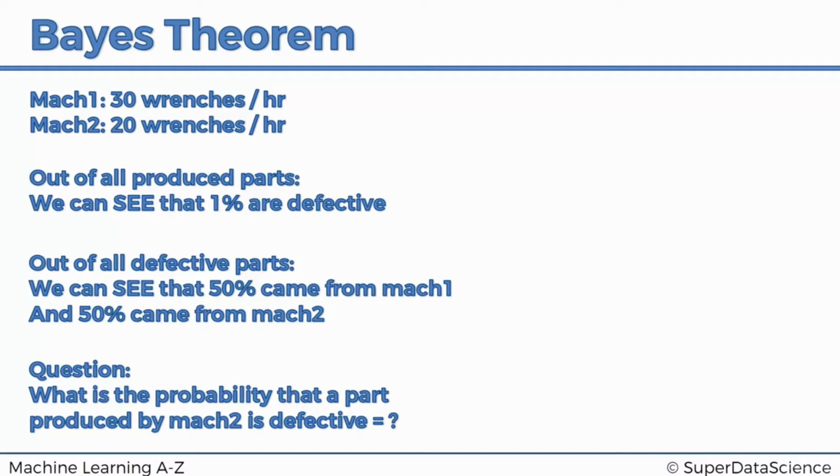So the first line, what does it tell us? It tells us that machine 1 produces 30 wrenches per hour, machine 2 20 wrenches per hour. So in total, out of all the wrenches produced, there's 50 wrenches produced per hour.